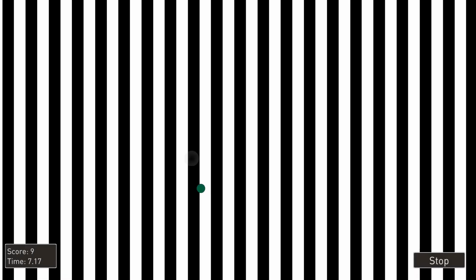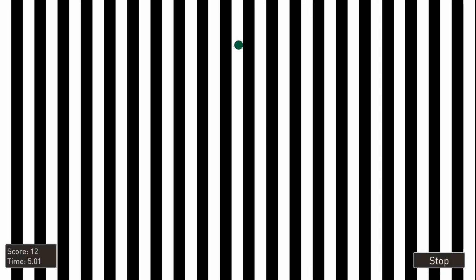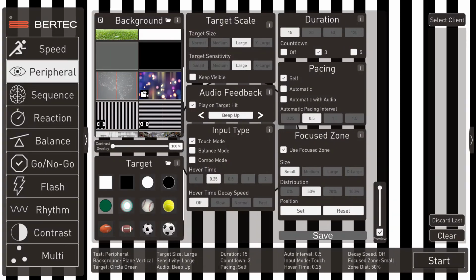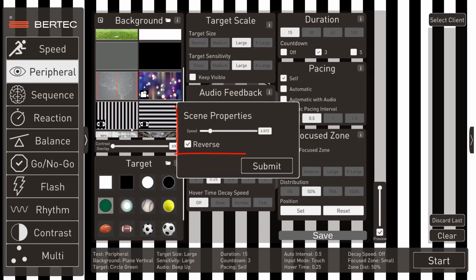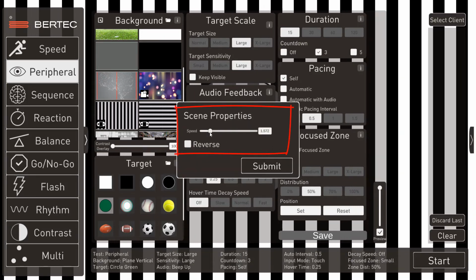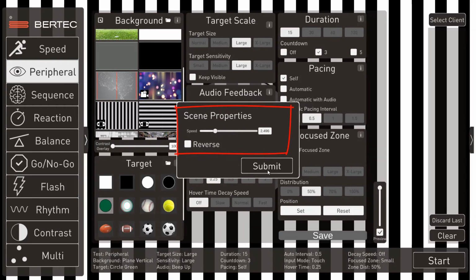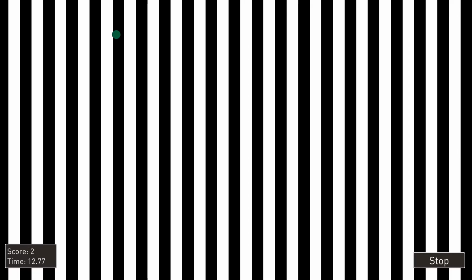And you can see how much more of a challenge this is. And next we can change the direction or the speed, either one we want. Here we'll do both, and we'll increase the speed to 2.5.